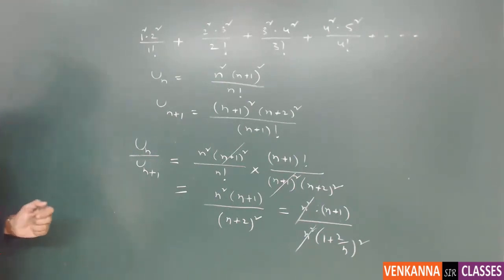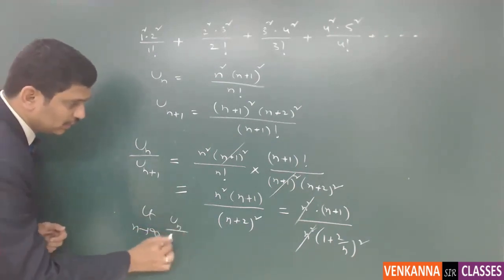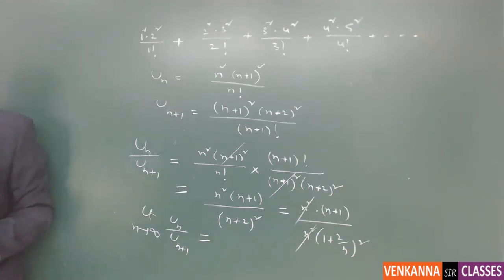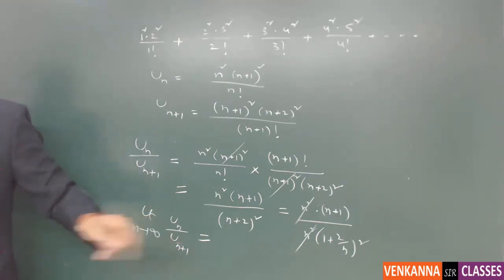Right. So if you apply the limit n tends to infinity, un by un plus 1, what will be the value? Is it a finite value or infinite value?